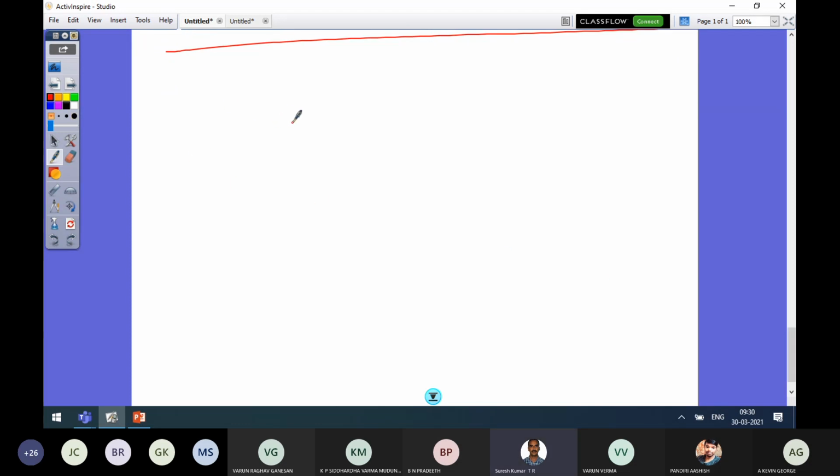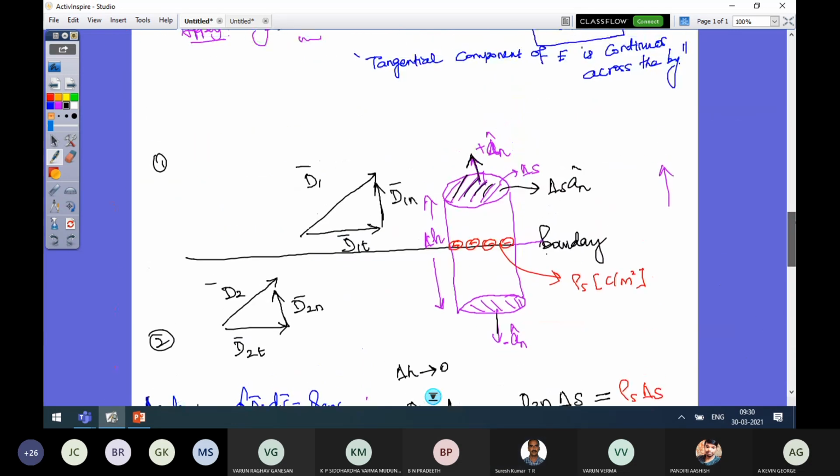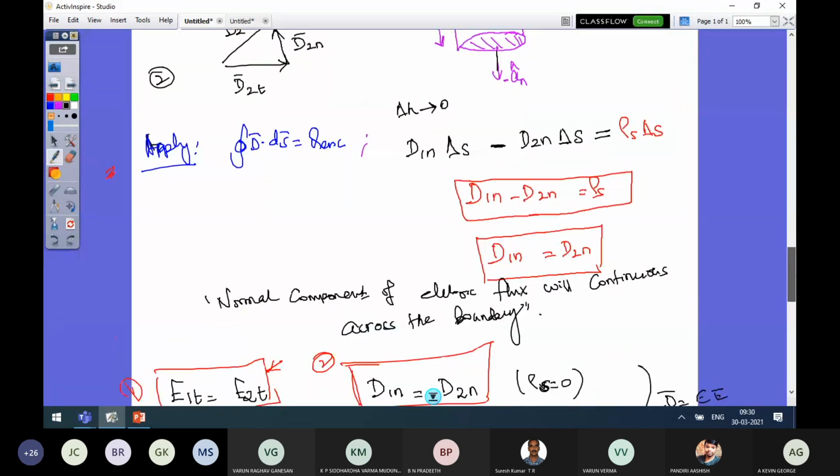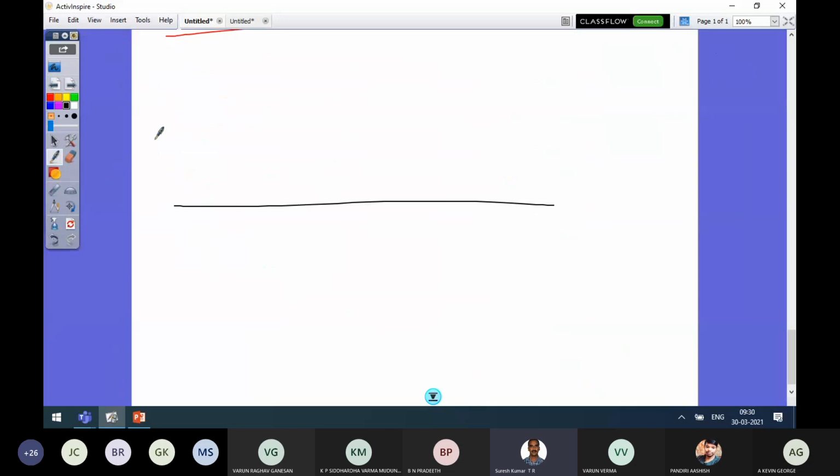So next we need to calculate what will be the bend. Better I can draw a separate picture.